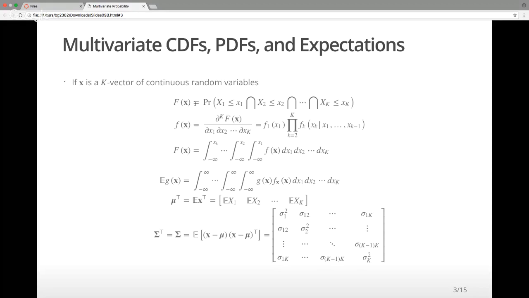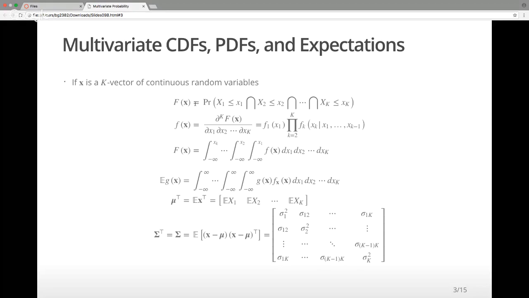It is also true that the expectation of a vector is a vector of expectations. And so the expectation of some random vector x is going to be a vector which we could call mu, and it can be gotten at by filling, in this case, a row vector with the expectation of x1, the expectation of x2, up to the expectation of xk, although you have to do a bunch of integrals in order to obtain those things.